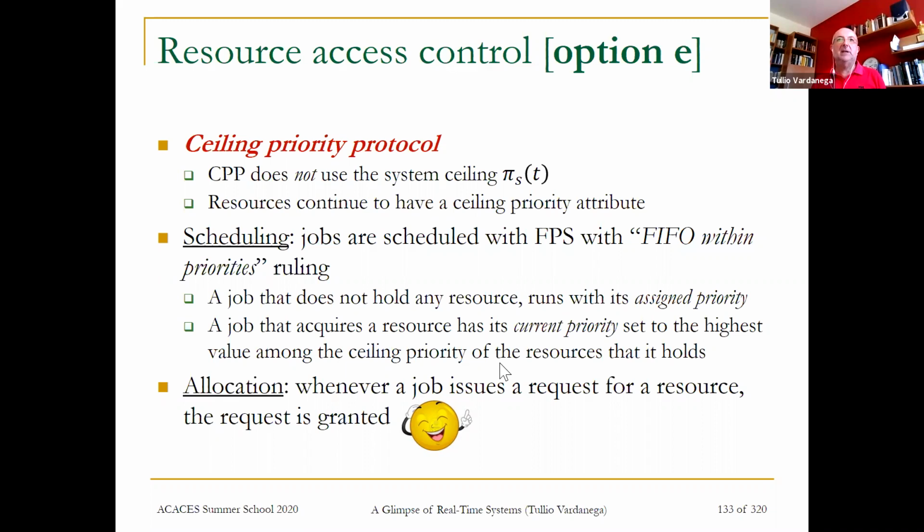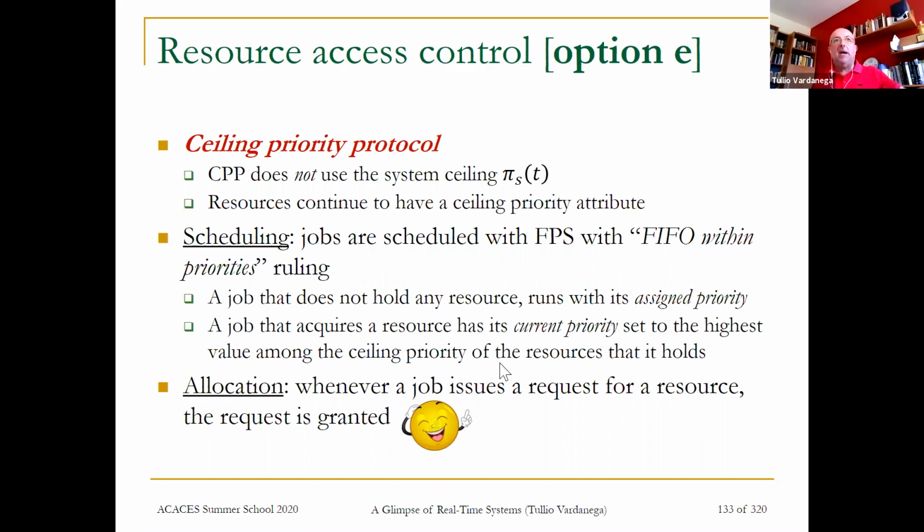What matters is that your priority at release is such that if any resources that you want are busy at the time, preventing you from running, you don't care about the others. Can you see what I'm trying to say?